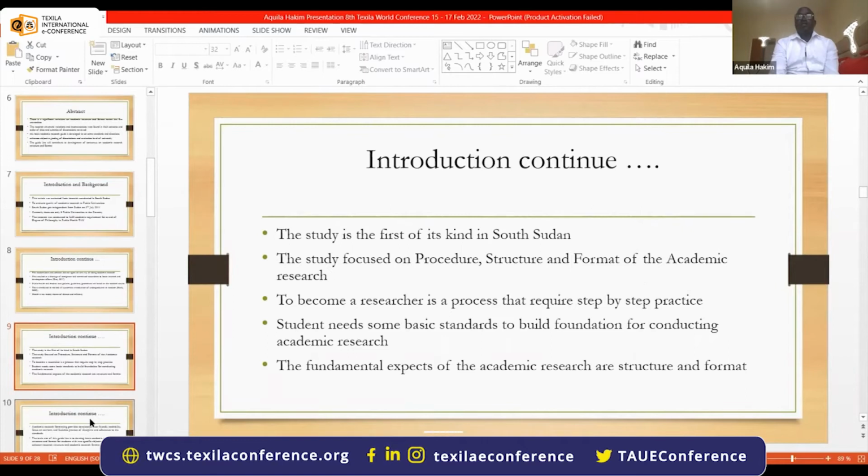The study focused on the procedure, structure, and format of academic research. To become a researcher is a process that requires step-by-step practice. The students need some basic standards to build a foundation for conducting academic research. Fundamental aspects of academic research are the structure and the format.